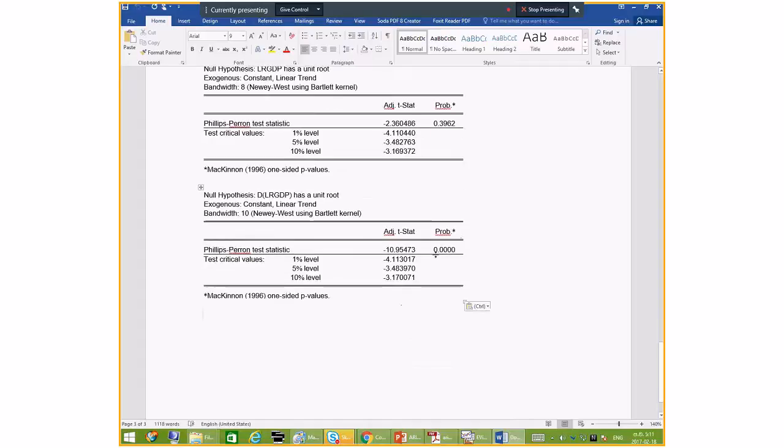Right, both, but here the probability value is 0.000. That means the Phillips-Perron test shows that the first difference series does not have a unit root. That means the first difference series is stationary.